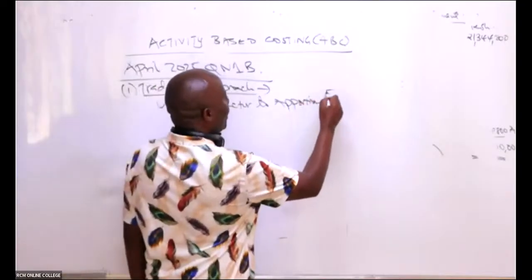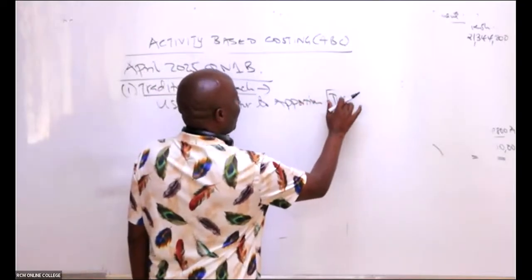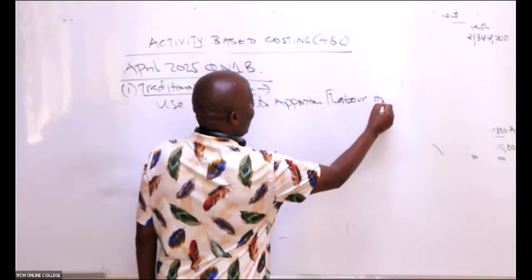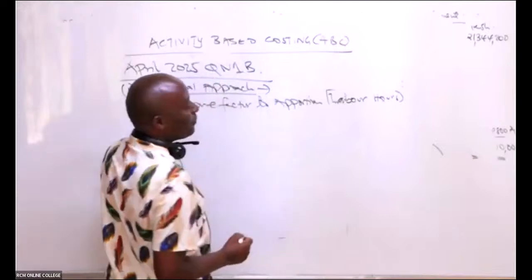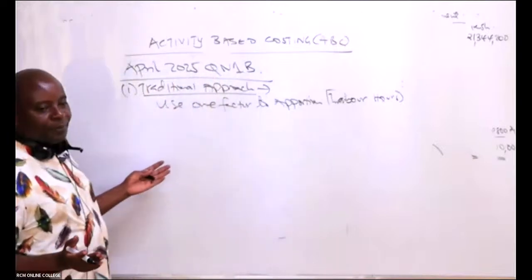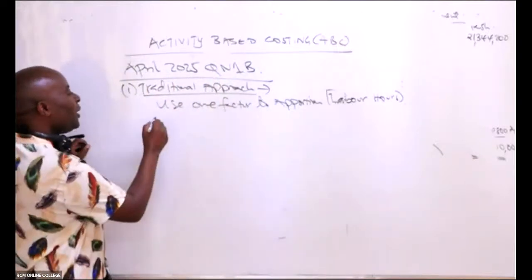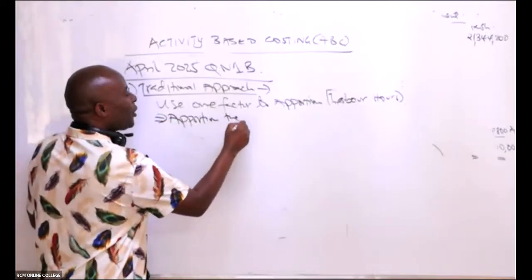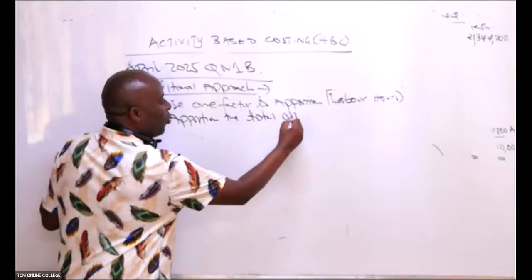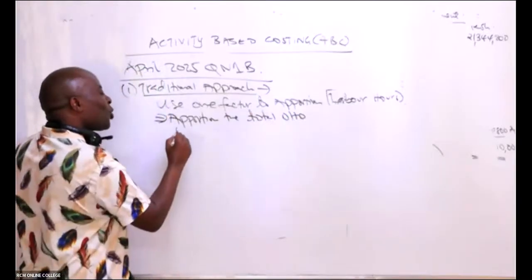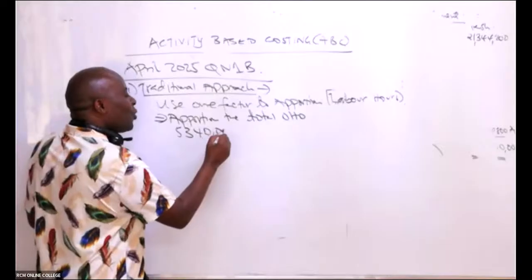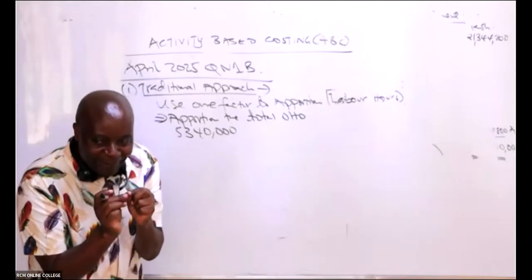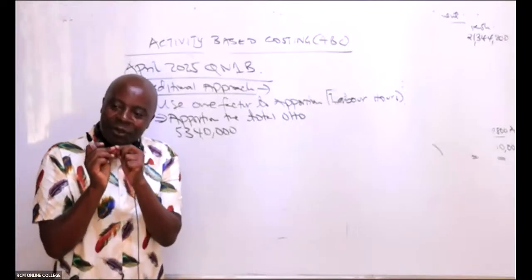In this case, they want us to use labor hours, only labor hours. So in short, they want us to apportion the total overhead of 5,340,000 without looking at the individual components.